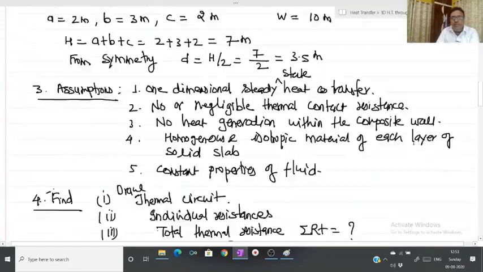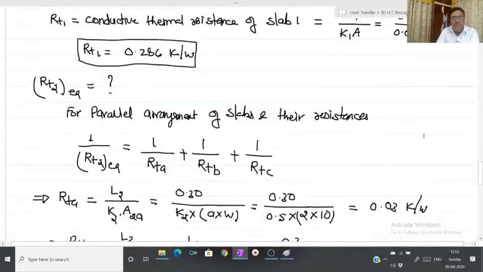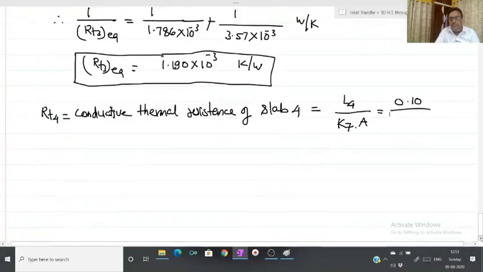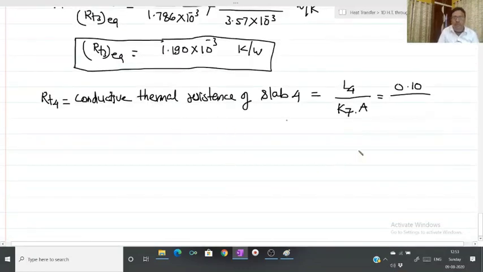L4 is 0.11. K7 value is 10. And area is 7 into 10.